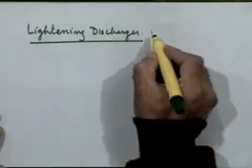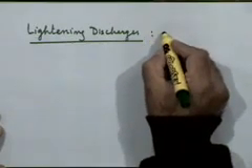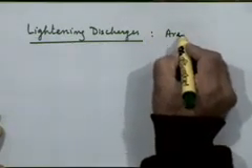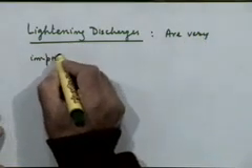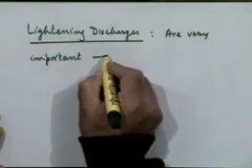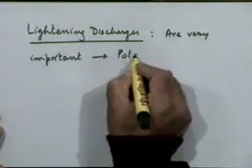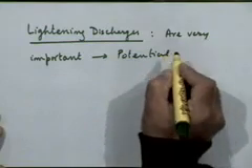Is it clear? So lightning discharges are very important from this point of view because they have the potential to interfere over a large frequency range.